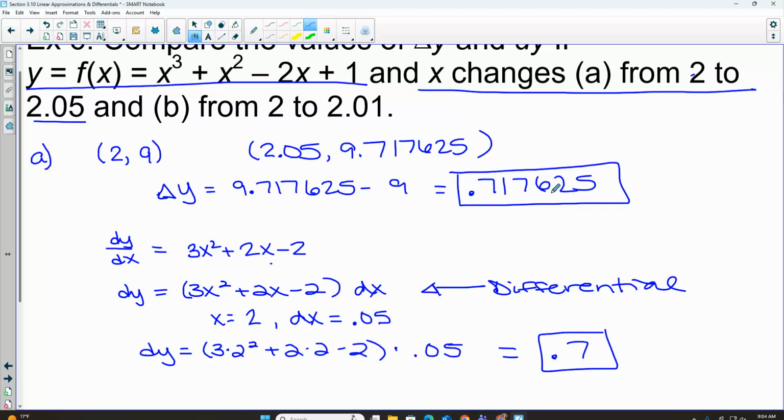If I'm using my differential to approximate it, I would have had 0.7. So fairly close.